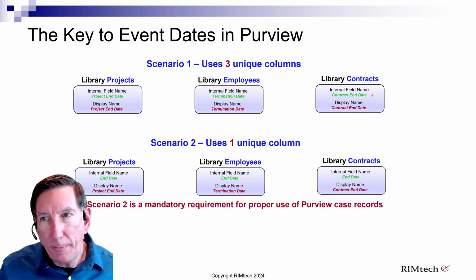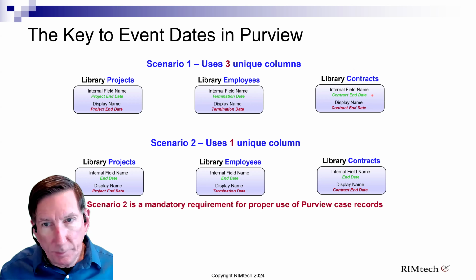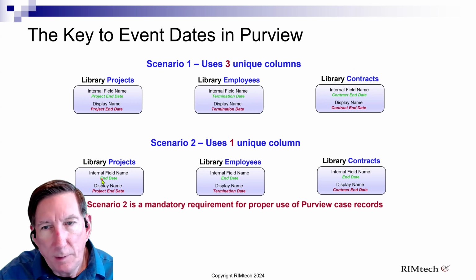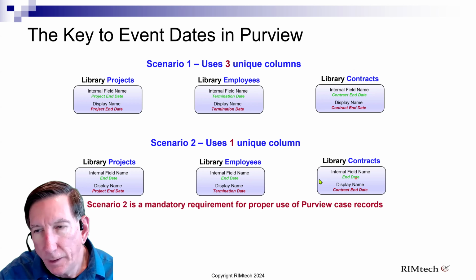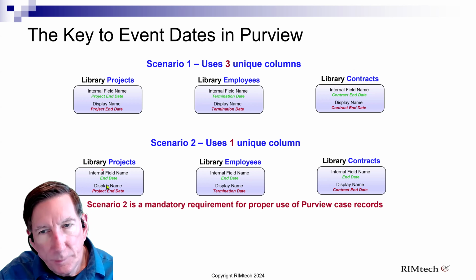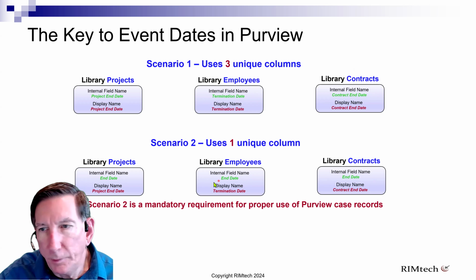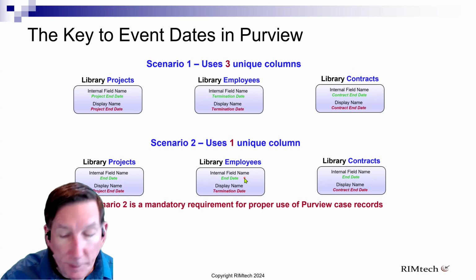No problem. But it is a problem for Purview. What you have to do for Purview is have one column for all libraries that expresses the end date, okay? You can have a different display name, so your end date column in the projects library can be called project end date. But this is just a mandatory requirement for Purview, for reasons that will become evident later.